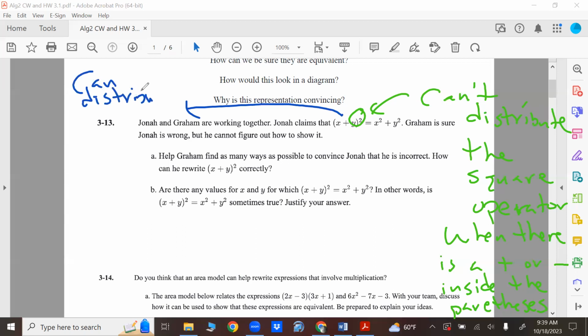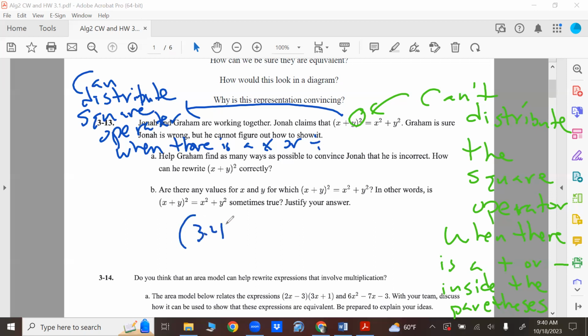What if I replace the plus with a times sign? You can distribute the square operator when there is a times or divide. For example, in that case, that's okay, right?